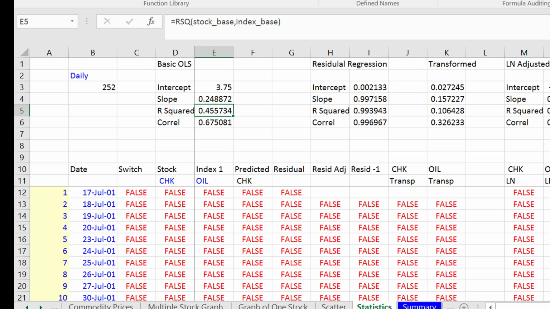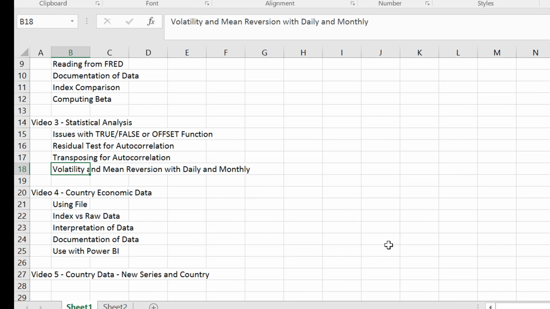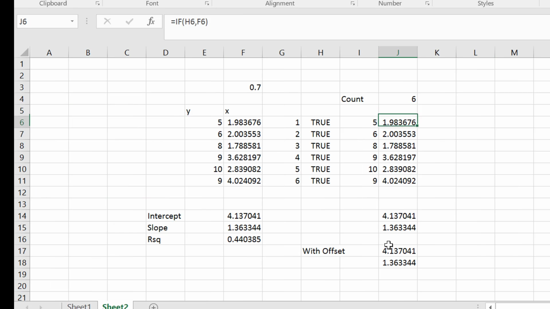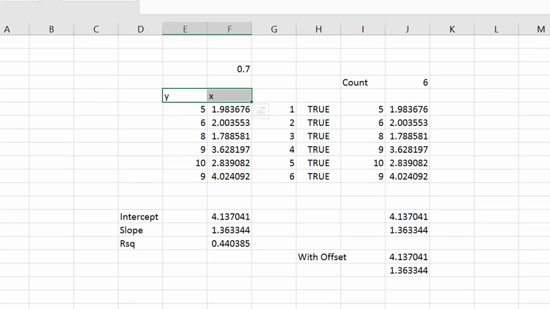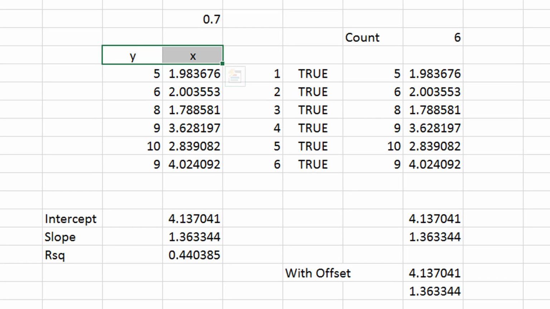All right, now let me just digress for a minute on this true-false business. Now in this, I'm just pressing Control-Tab and not getting anywhere. In this little summary sheet, I made a little X and Y. I said, well, the Y is the dependent variable and the X is the independent variable.